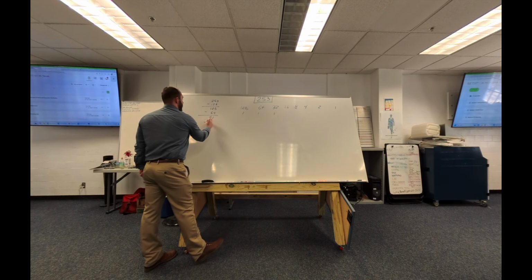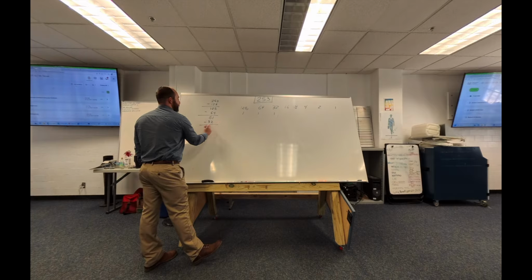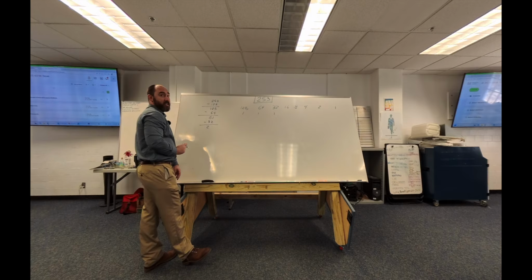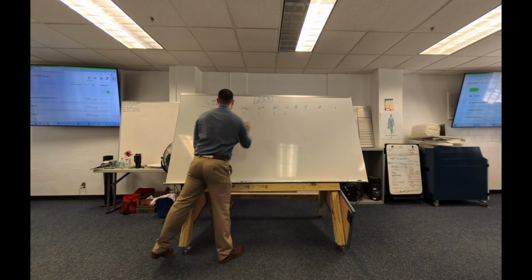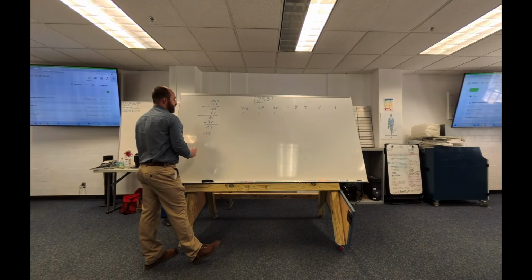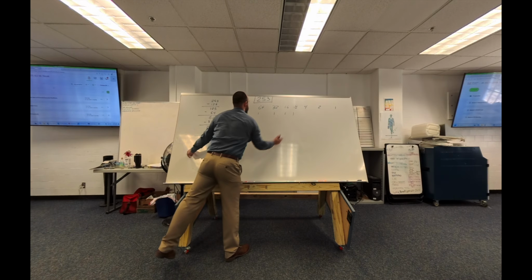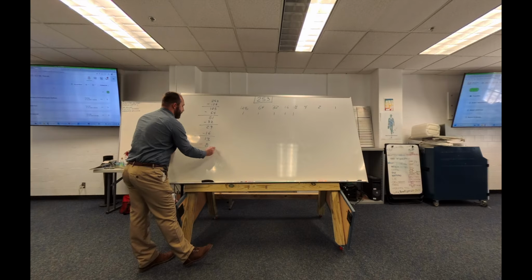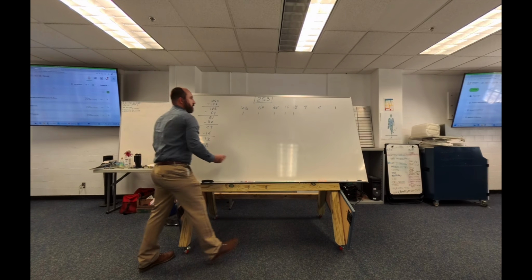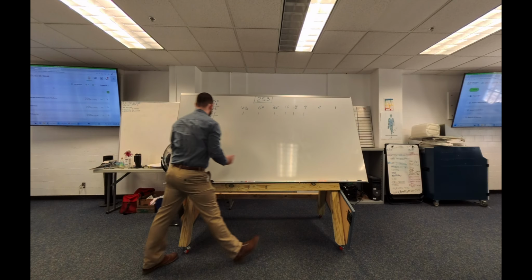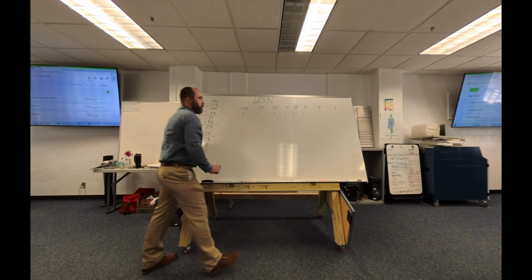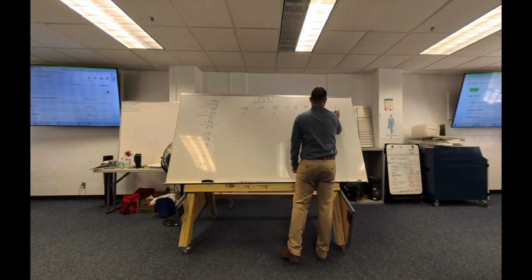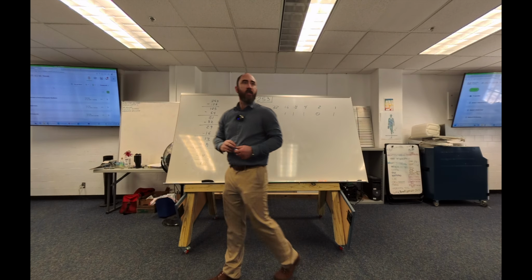Yes. 61 minus 32 gives us 29. 16? 29 minus 16 gives us 13. 8? 13 minus 8 gives us 5. 4? Yes. Gives us 1. 2? No. 1? Yes. All right, so that's one way we could do it.